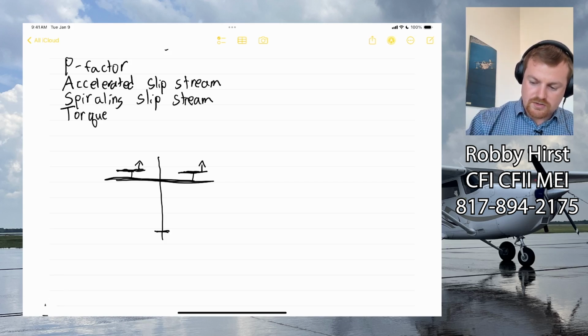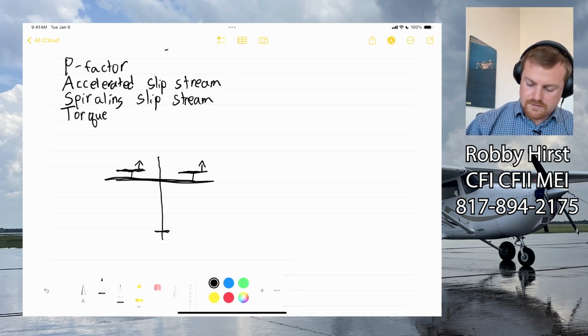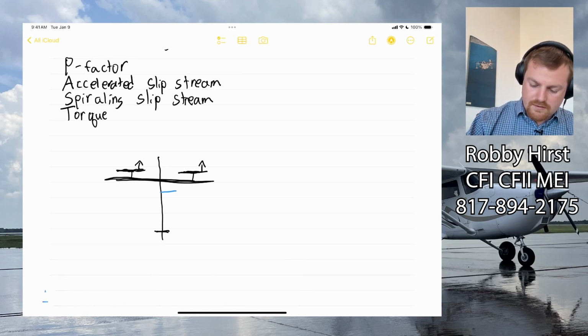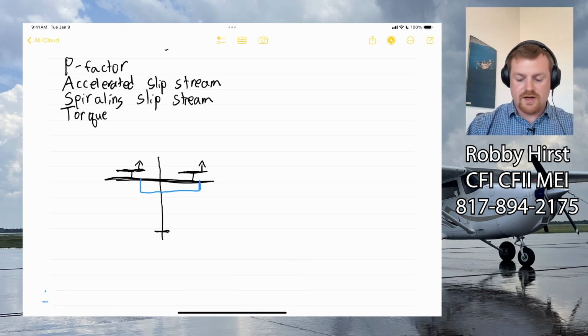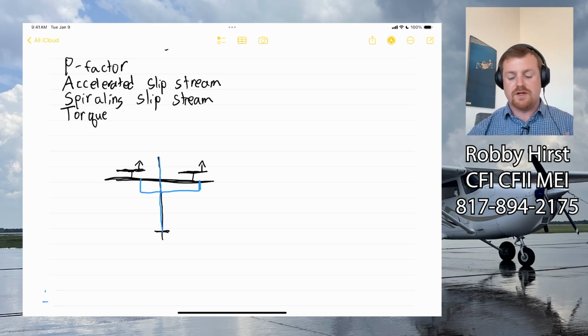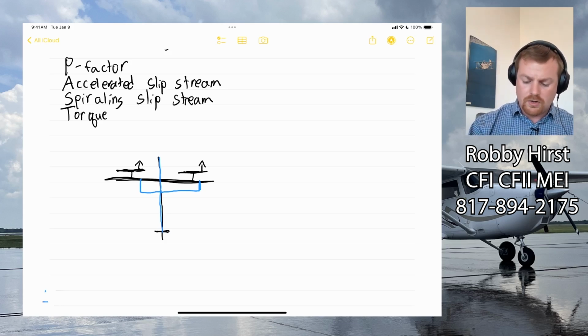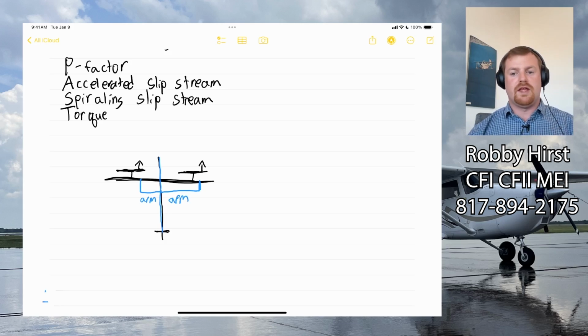Now if we take a look at the distance between the center of the aircraft here and the right center of thrust and the left center of thrust, the arm, remember arm in weight and balance, is going to be further on that right engine.